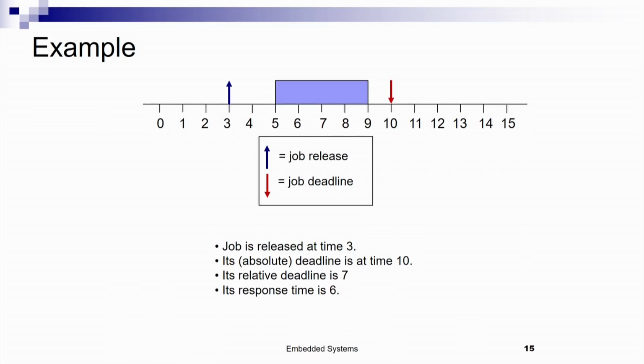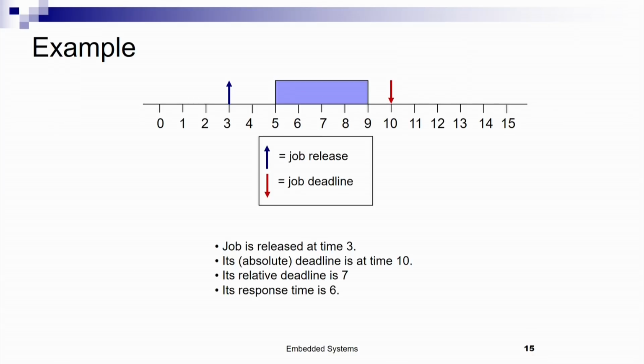Let us say you have a job. The job is released at time 3, the actual start of execution of the job happens at time 5, and the completion of the job happens at time 9, and the stipulated deadline before which the task should complete is 10. So, the job is released at time 3, its absolute deadline is 10, and its relative deadline is 7.